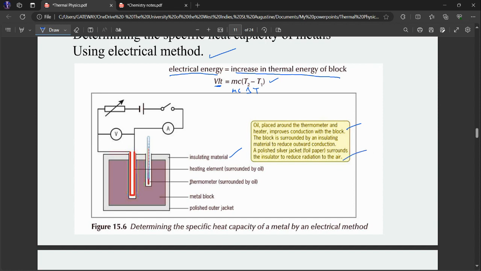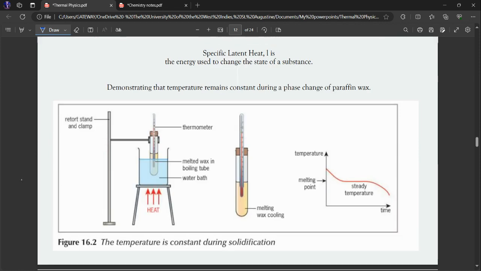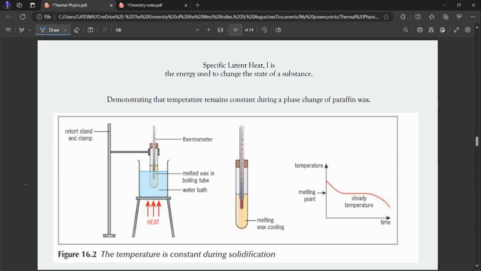Right? You have the metal block, you have the polished outer jacket, and you have the circuit here: the voltage, the current, rheostat, switch, battery, well, more like a cell, right? But when we get a problem like this, we'll go to the calculation. For now, just to know the experiment. This is an experiment you would probably do in chemistry and physics.